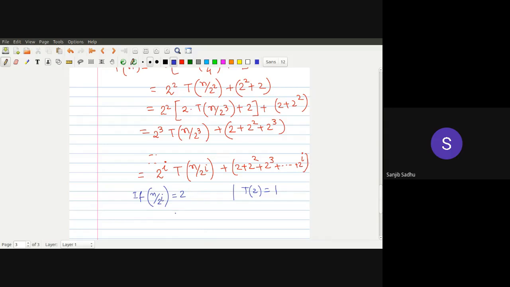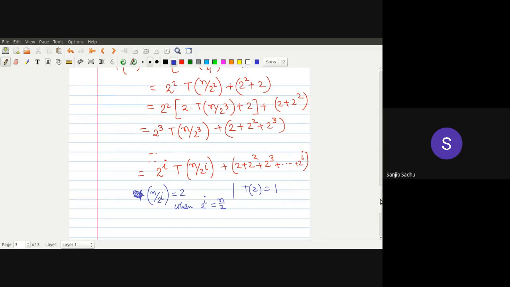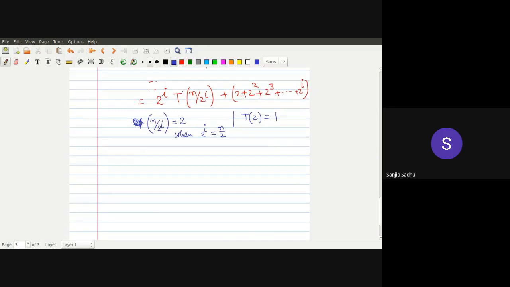Now this becomes 2 when 2 to the power i is n by 2. Clear? Or i is log of n by 2. That we can write. Now here you solve, means find out the final solution.